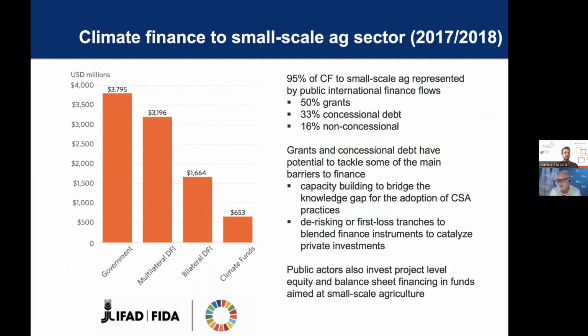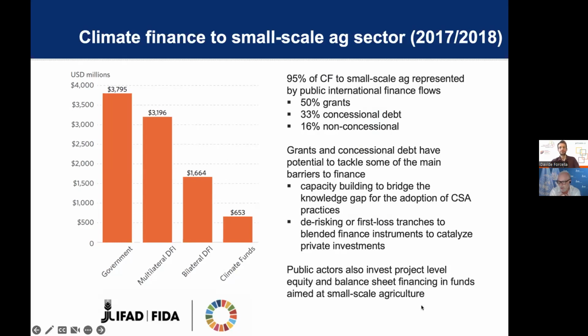For climate finance, the small scale ag sector, you can see here 95% of it is provided by public international financial flows, most of it grants, some concessional debt, some non-concessional debt. And we can see here that there's a variety of uses: capacity building, de-risking, first loss tranches. Although I would say that de-risking is a lot less than capacity building and knowledge gap bridging.